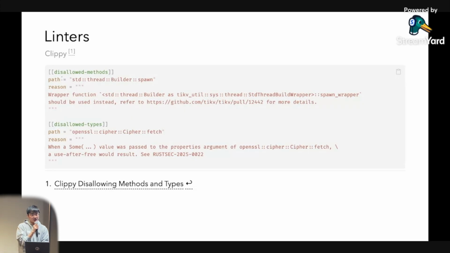Here we can just disallow this API and give a good reason for the developers and encourage them to use the right API. This is pretty helpful if you want to have project-specific rules, and you can easily enforce these rules across the whole team. It also applies to types. You can find more of these advanced features from Clippy through this link.